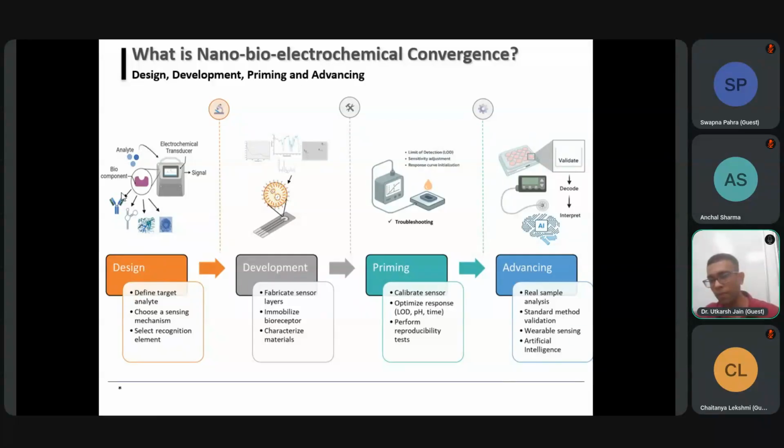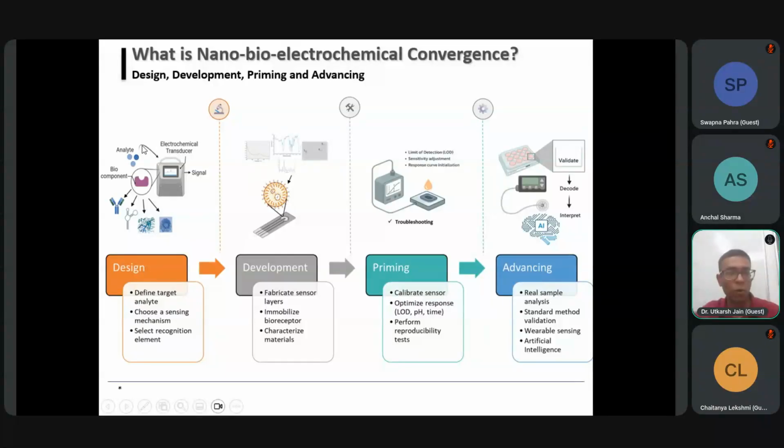For example, if I talk about a disease, neonatal sepsis, then I should focus on what the basic biomarkers of neonatal sepsis are and whether they significantly change their behavior. Additionally, I need to think whether this biomarker can be utilized as an analyte in the given biosensing device development.